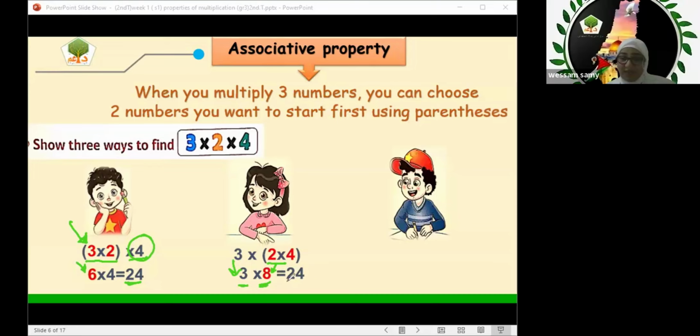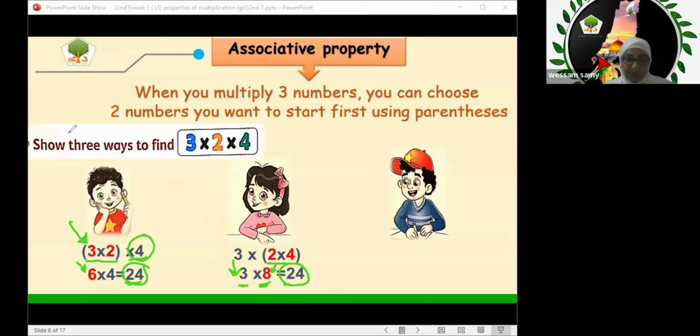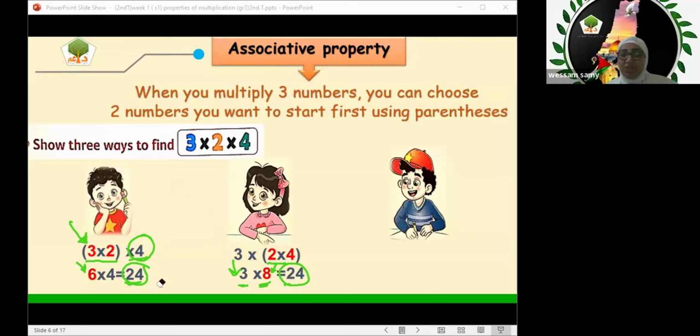So she got the same result as Amgad? Yes? Good. So that means if we change the order of the numbers, it will not make any change in the result, right? And this is the associative property, which is changing the order of the numbers, and we get the same result.